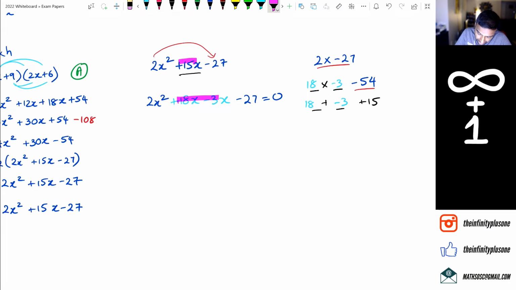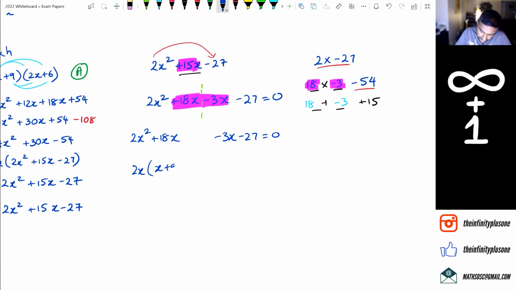Yeah, much better. So 15x, I've actually got that 18x minus 3x from this 18 and negative 3. Once I do that, the next part is I've got to separate them into almost 2 parts. So I've got 2x squared plus 18x minus 3x minus 27 is equal to 0. In here, the common factor is 2x.